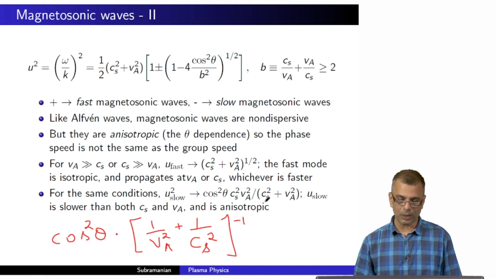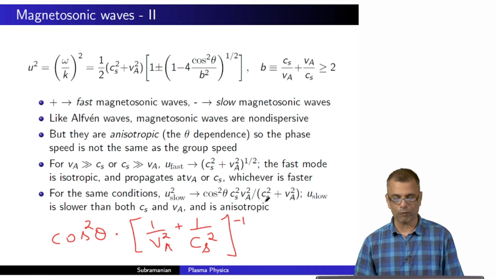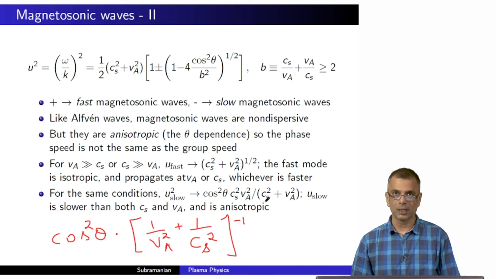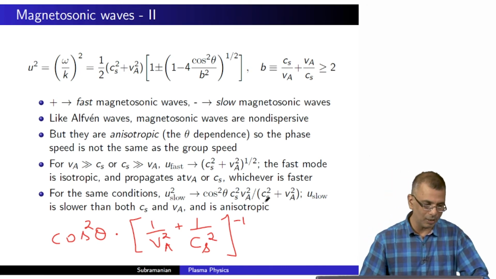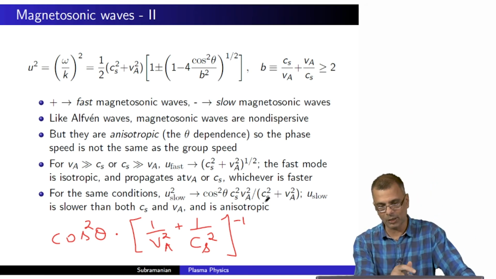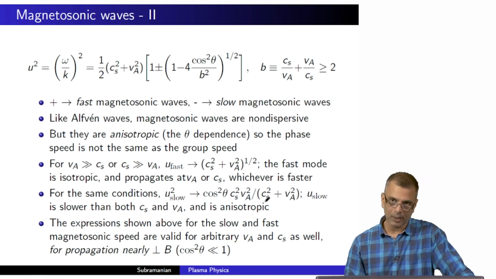Okay, so these are two limiting cases of this dispersion relation. In general, the dispersion relation is quite complicated, but it's exactly in such cases that one seeks to examine the limiting cases and try to see what one can get out of it.